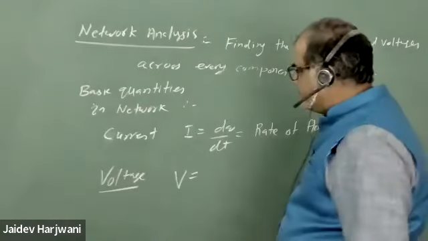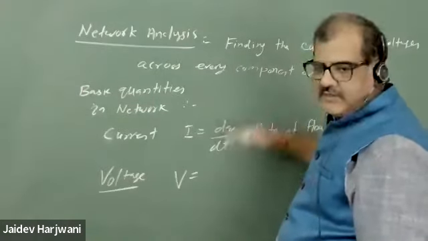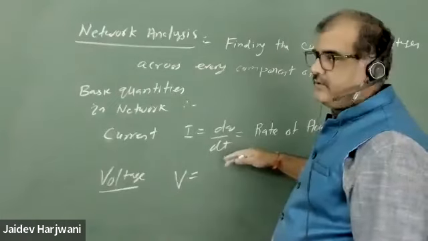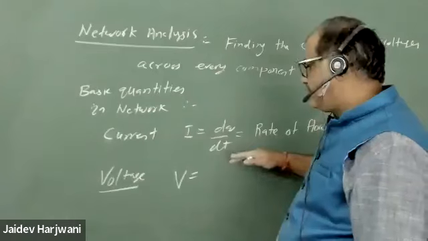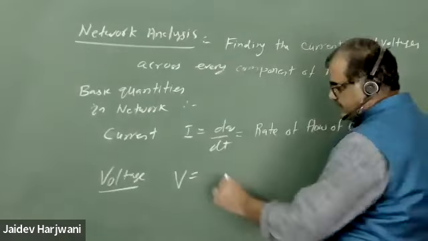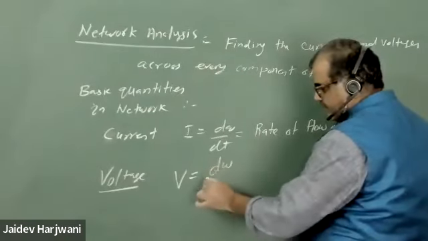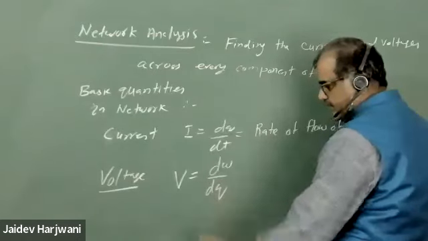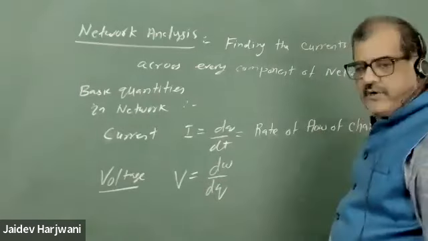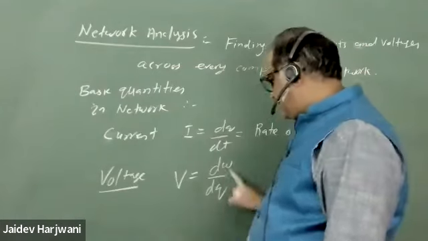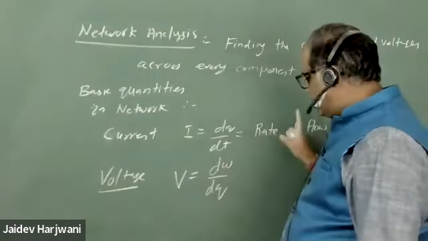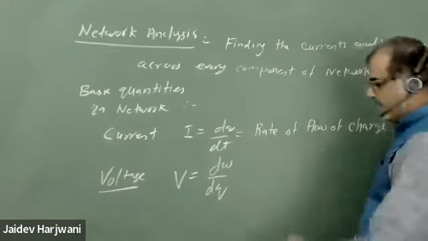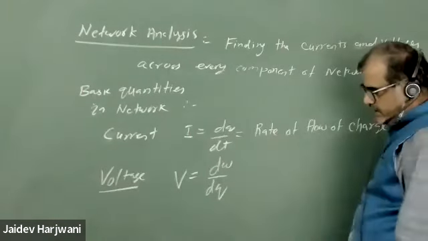If I want to bring a unit charge from infinity to some point, the work done to move this charge from infinity to that point is called your voltage. So basically dW by dq is called your voltage: the work done in bringing a unit charge from infinity to some point A is the voltage of that point.